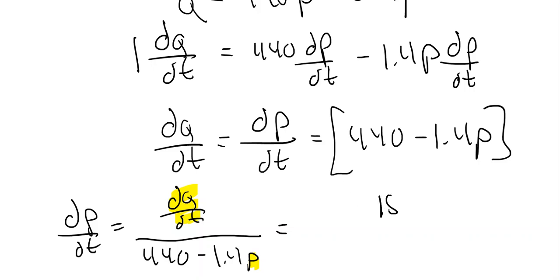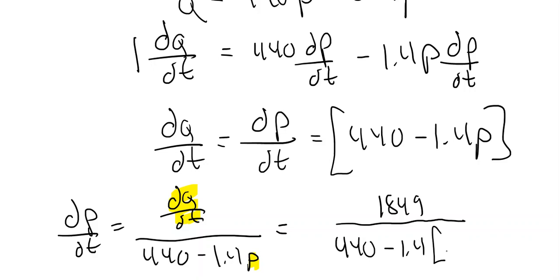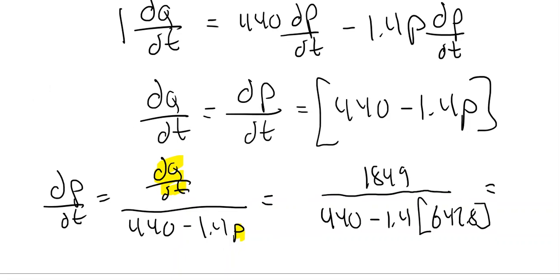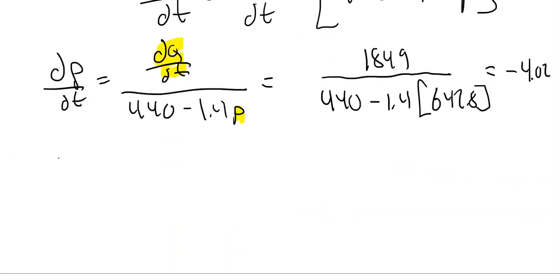And we calculated P as being 642.68. When you put this in Desmos or your calculator, you should end up with negative 4.02. So dP/dt is negative 4.02.